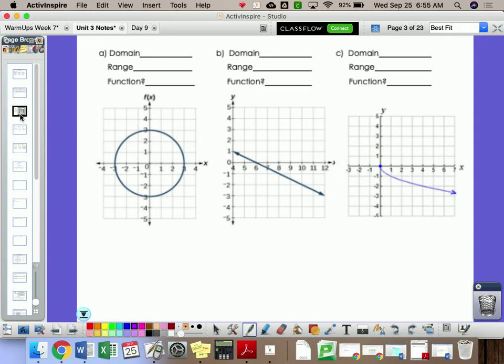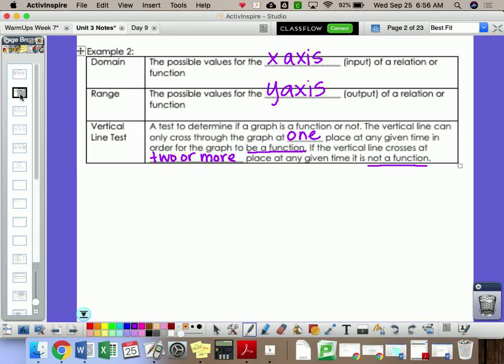Okay. Also, when we are using domain and range, we are going to be using brackets and parentheses. So let me go back really quick and write this down on your paper. If we have a graph on a point, we will use a bracket.